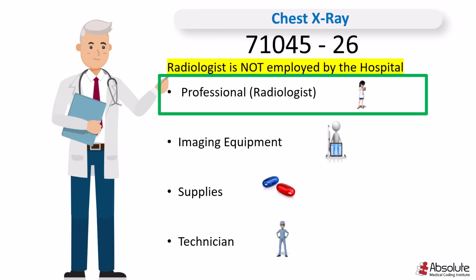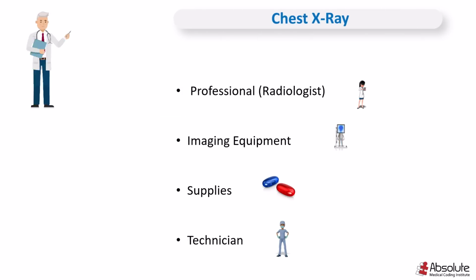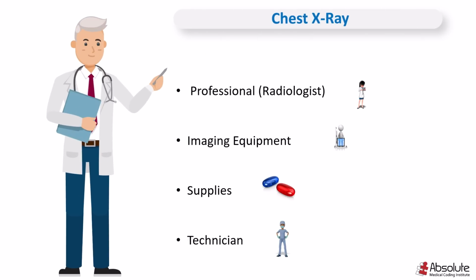Okay, now that we've spoken about 26 modifier, let's go ahead and talk about the technical component. All right. So the technical component is the technical piece of that global code, right? Let's say the hospital's imaging equipment breaks down. Let's say the x-ray machine breaks down and they bring in a mobile x-ray provider.